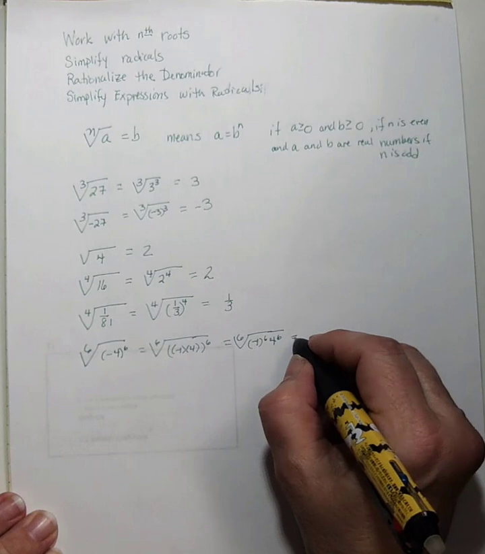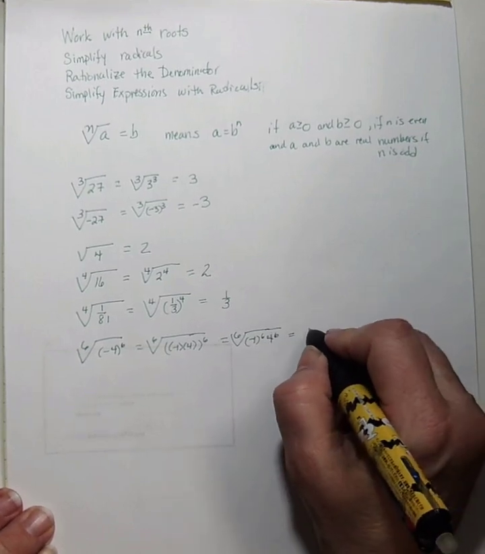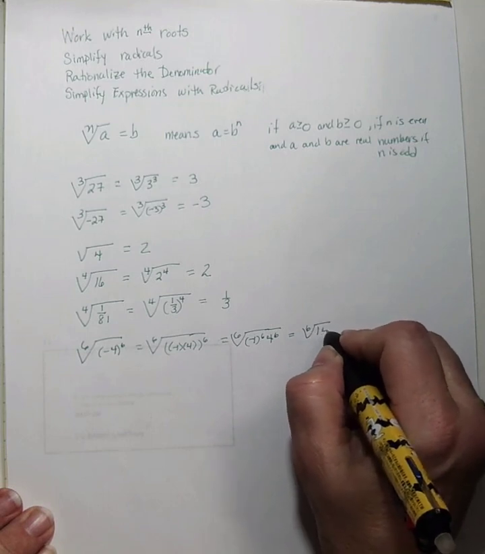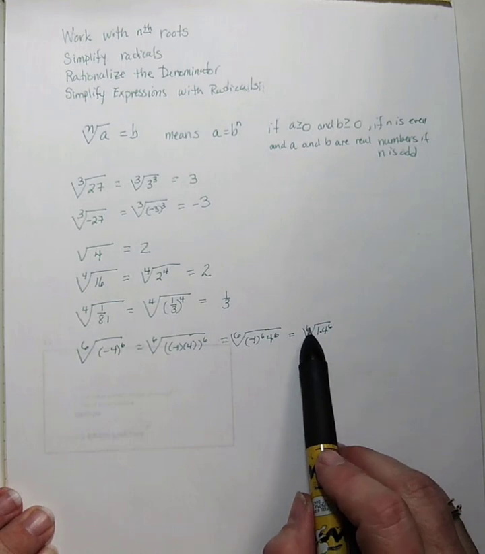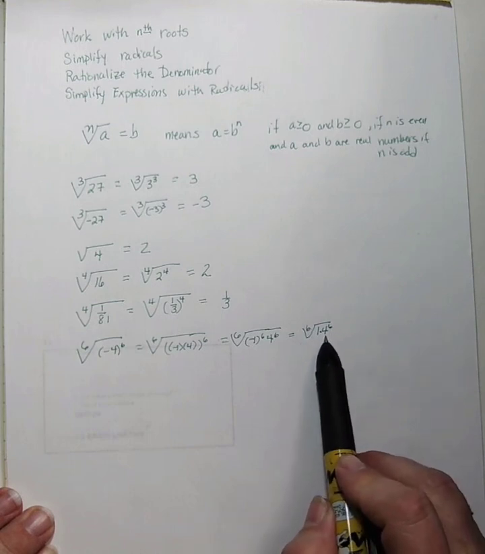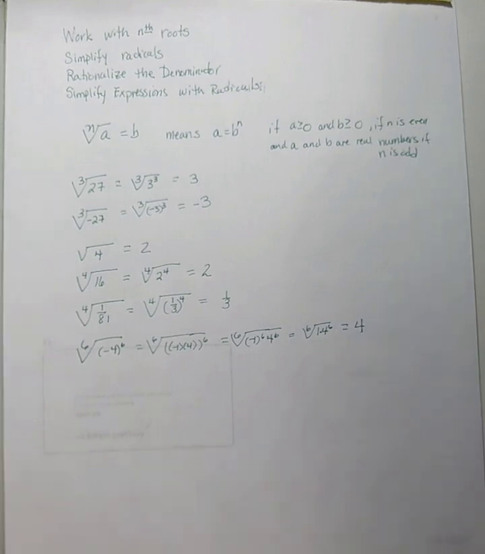But we know that negative 1 to the sixth power, because it's even, would just be 1. And that would be multiplied by 4 to the sixth power. And when my root is the same as the power, I can pull that base out. So that would just equal 4.